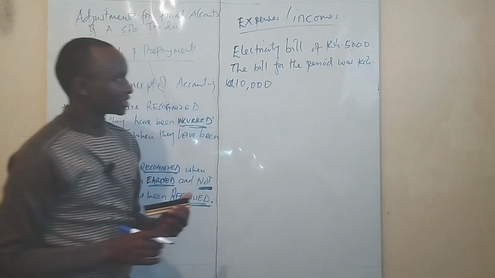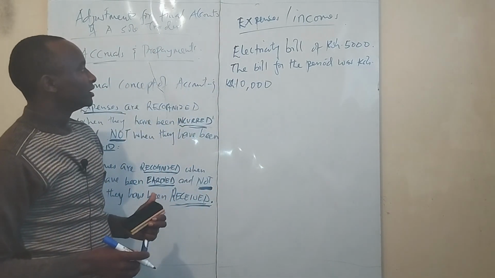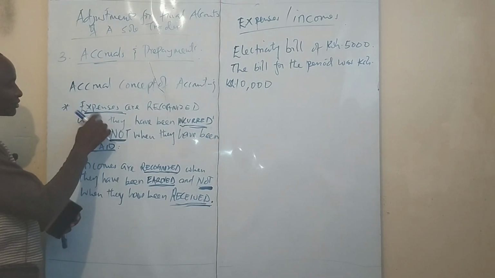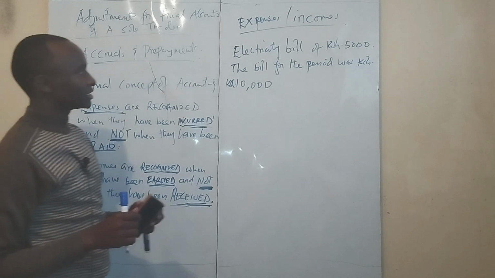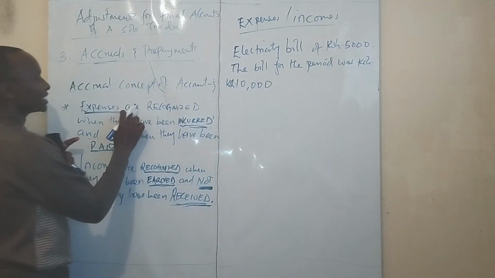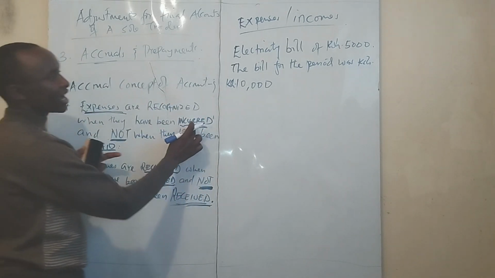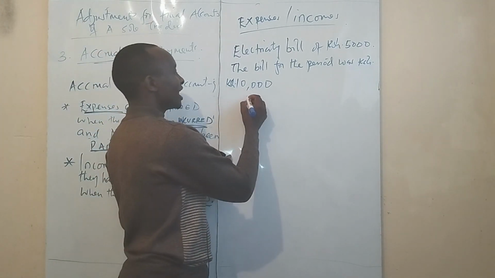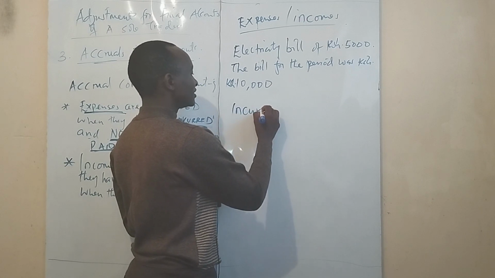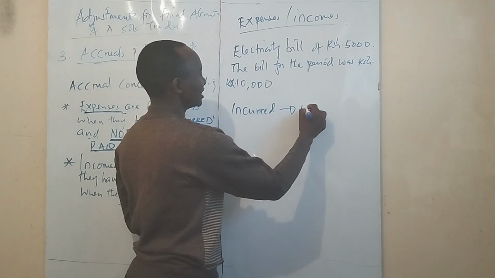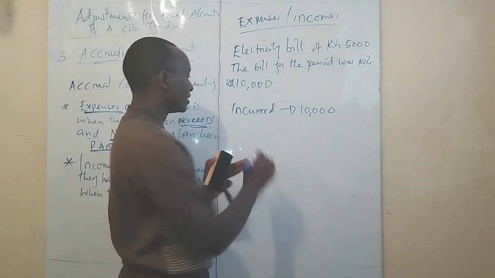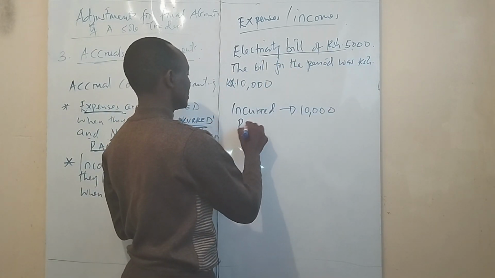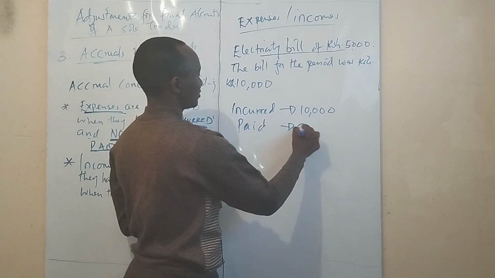Yes. So what this part of the definition tries to state is that the expenses are recognized when they have been incurred. Do you know how much we incurred as an electricity bill? We incurred 10,000 shillings. But we paid 5,000 shillings.